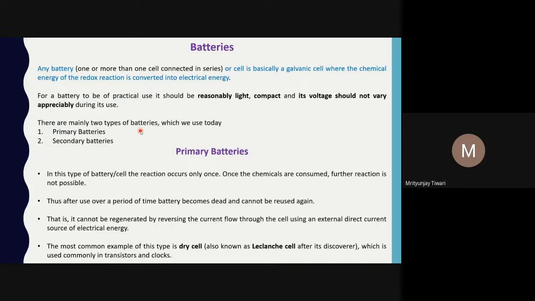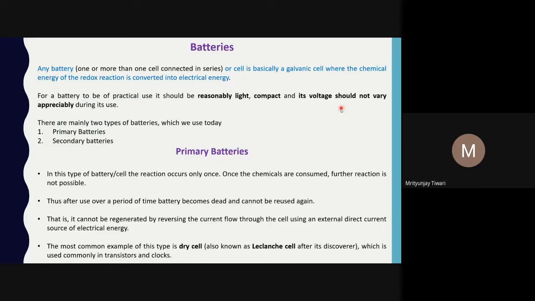For a battery to be of practical use, it should be reasonably light. This is because we also have to carry the battery, and if it is light, transportation and other things will be easy. It should also be compact, and its voltage should not vary appreciably during use.